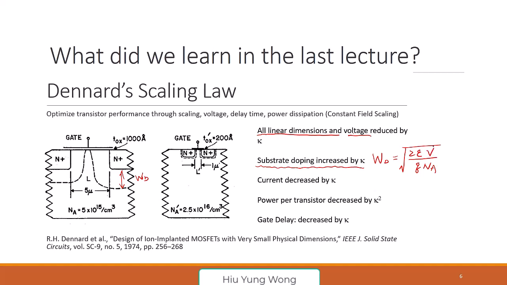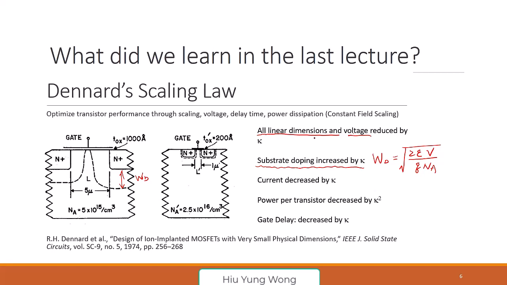If the voltage is larger, I have larger depletion width. So if I reduce V, because this is the requirement of this scaling, then I need to also increase the doping by kappa, then the overall W will be reduced by kappa. Then I achieve the linear scaling.